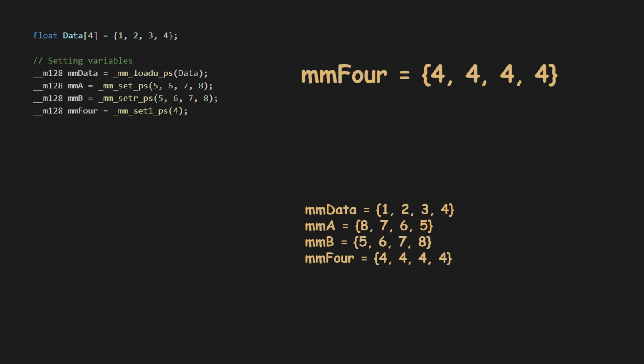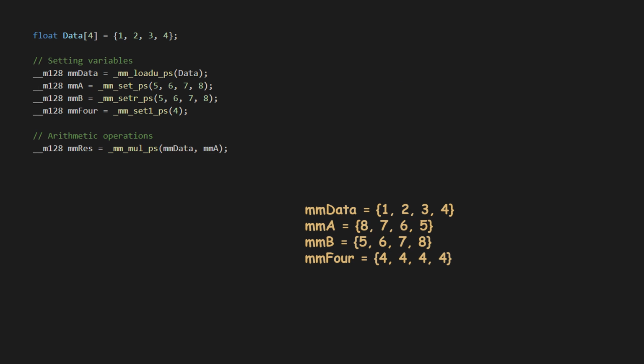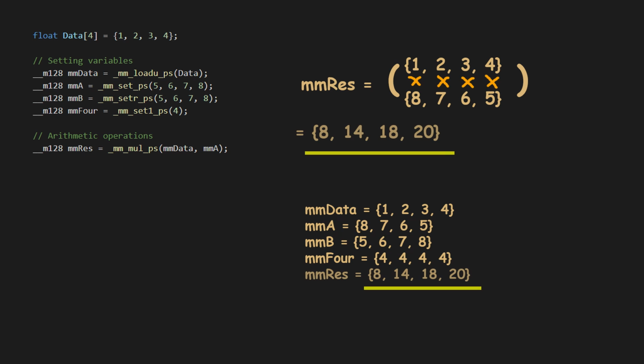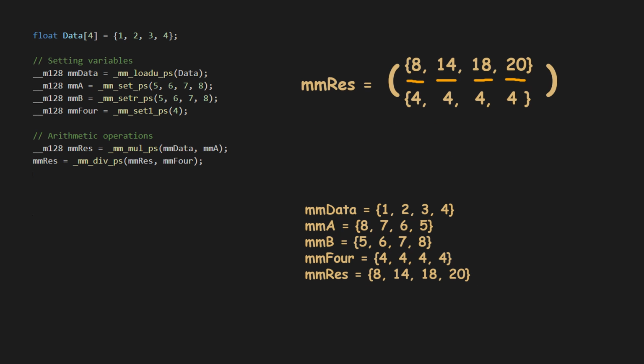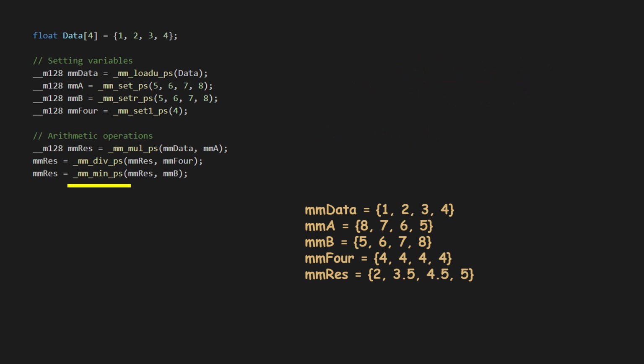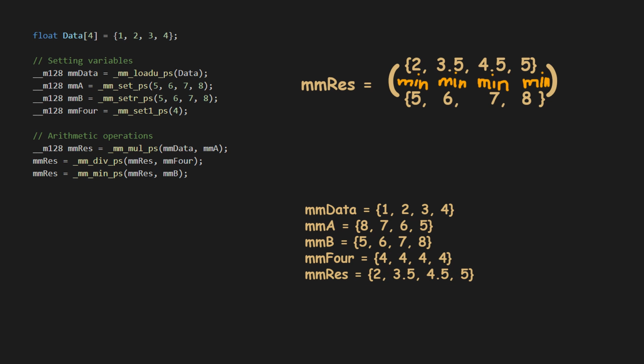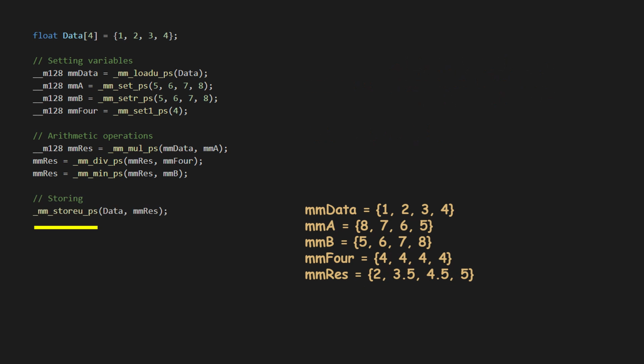We can also fill 4 components of a variable with the same value by using the set1 variation. After we set our variables, we can perform some basic arithmetic operations, like multiplying contents of 2 of them together, maybe dividing by 4, take a minimum between all corresponding components, and then finally store into the initial unaligned array.